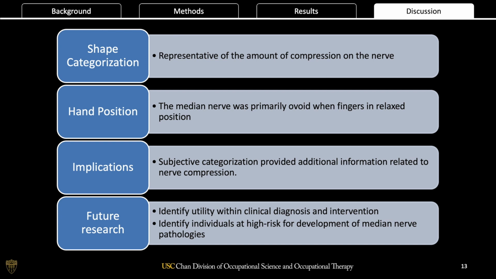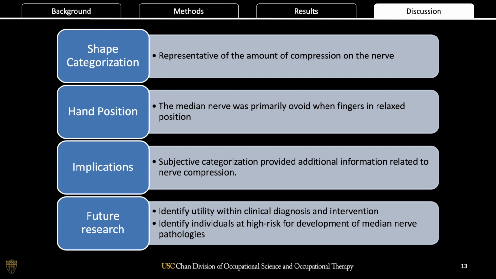These results showed potential usefulness of this subjective categorization for median nerve shape, and future research could consider using these measurement techniques individually or together to identify utility within clinical diagnosis and intervention.